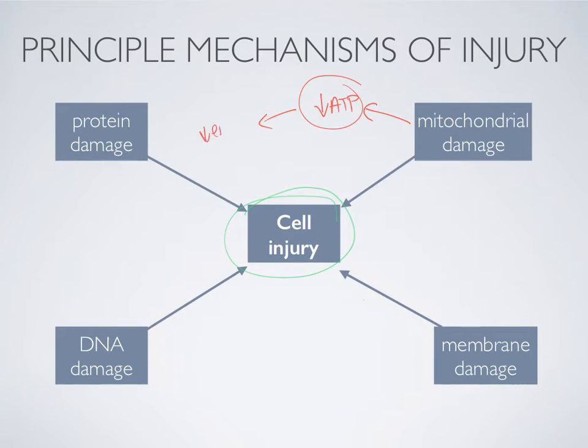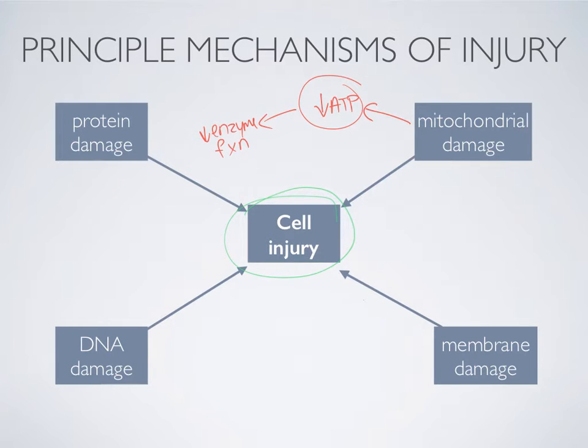So we're going to have a decrease in enzyme function. You know that a lot of the enzymes in your cells, like the sodium-potassium ATPase, that's the enzyme in the cell membrane that pumps sodium and potassium across the membrane to keep the cell in the right osmolar balance.